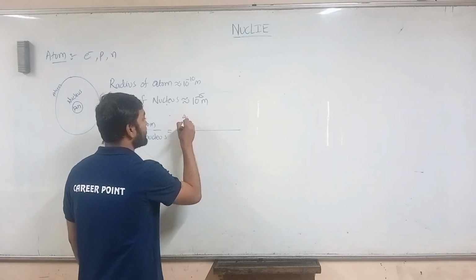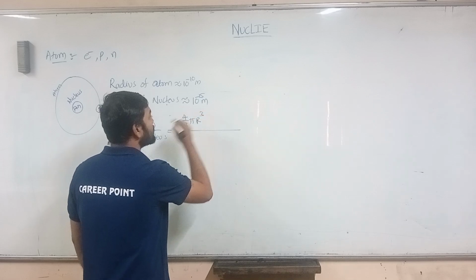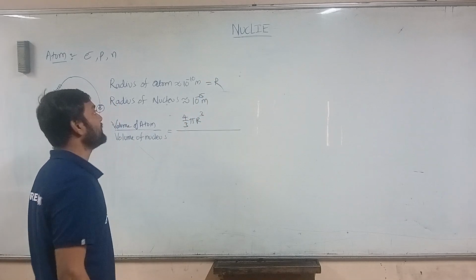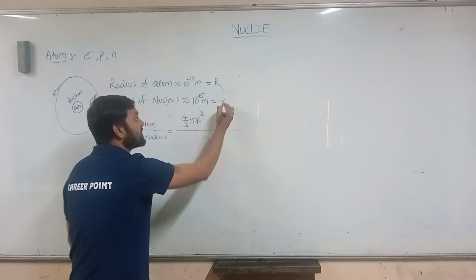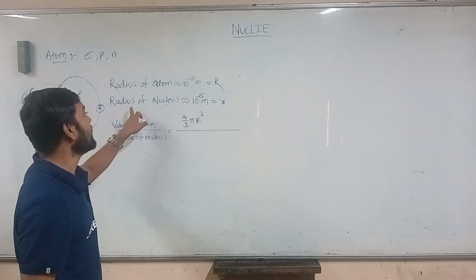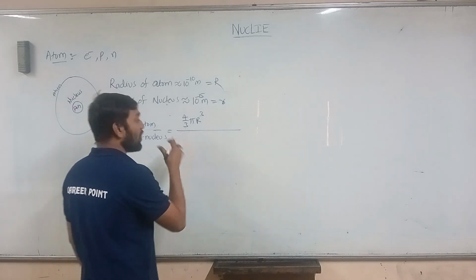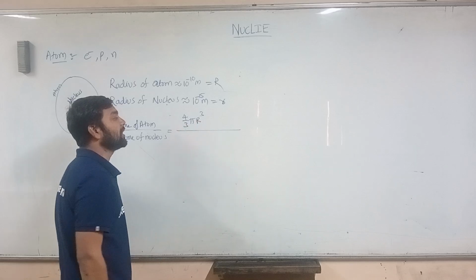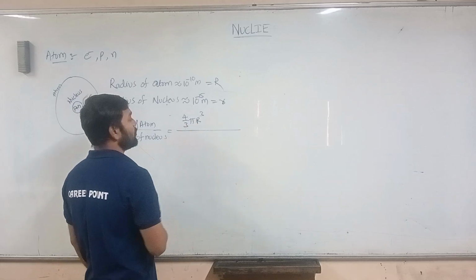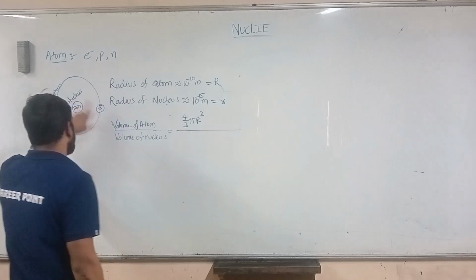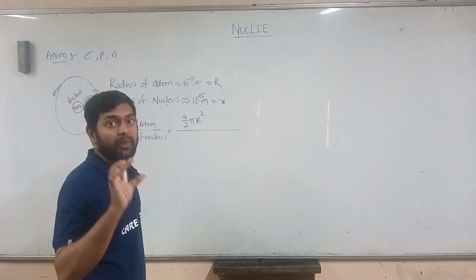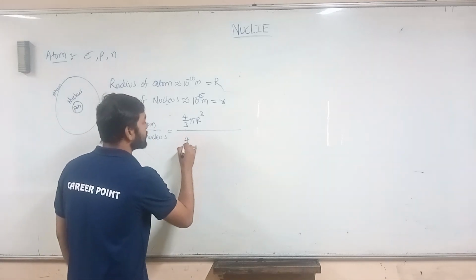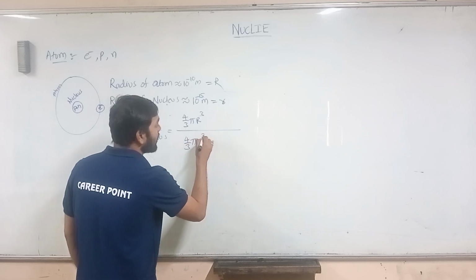So let us take 4 by 3 pi r cube, where capital R is the radius of the atom, and small r is the radius of the nucleus. The volume of a sphere is 4 by 3 pi r cube. The nucleus is also spherical and does not have sharp edges, so its volume is 4 by 3 pi small r cube.